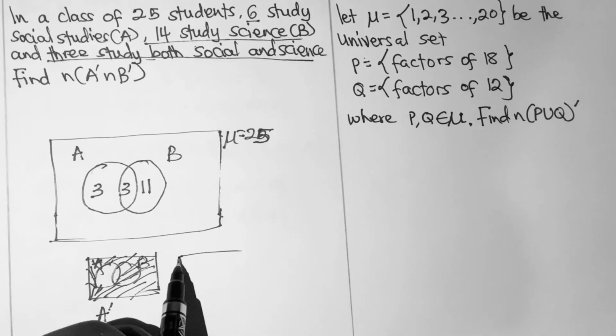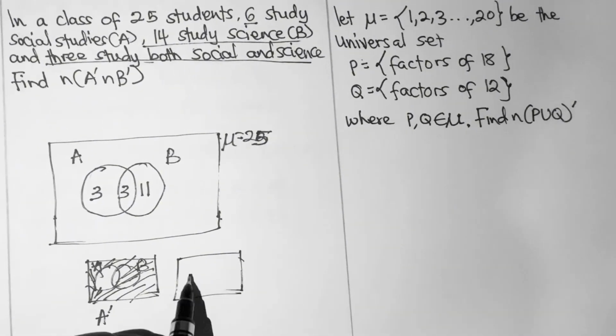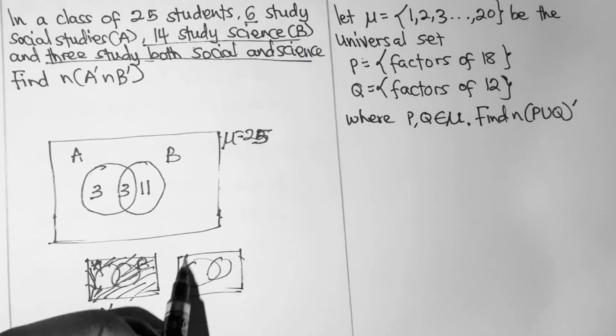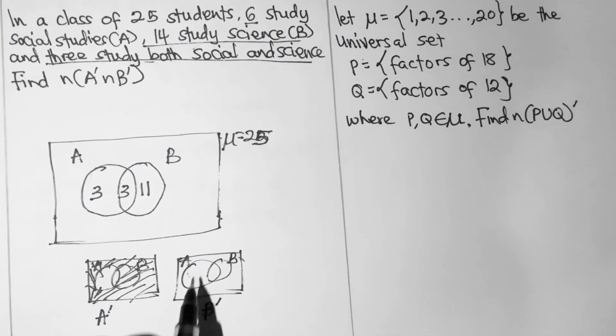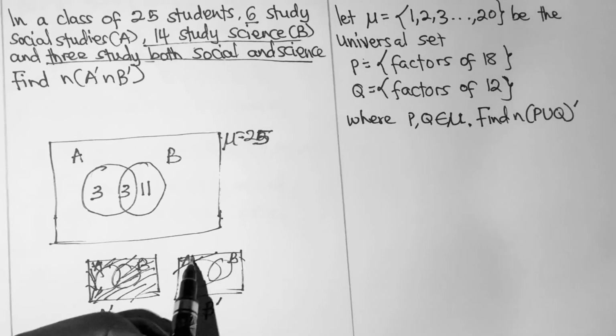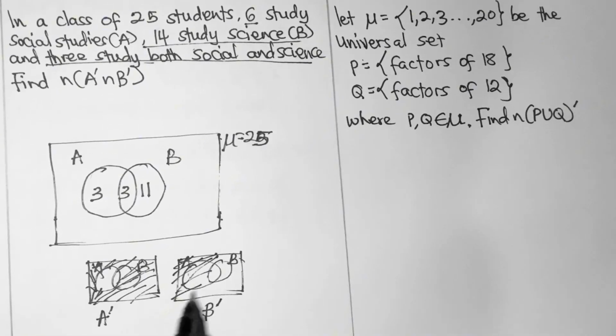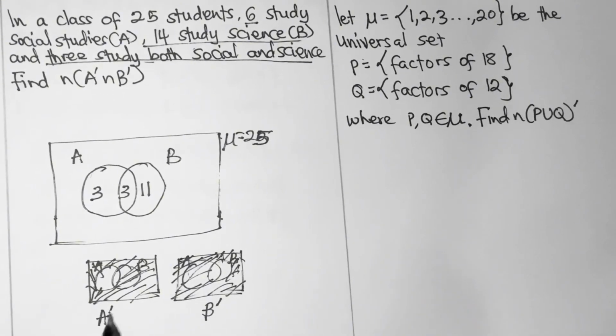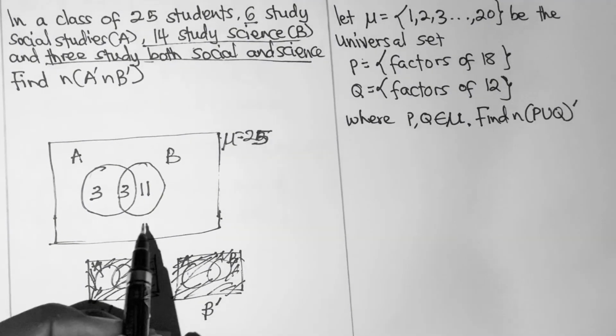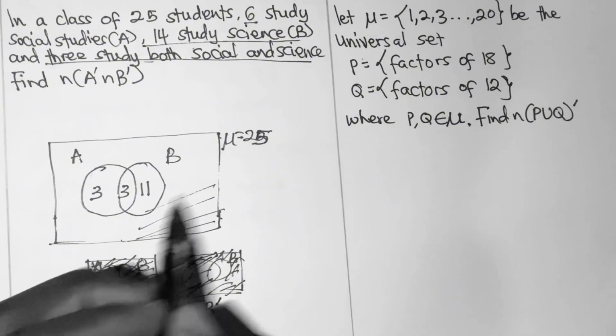Now let's find B prime. So this is A and then this is B. B prime is also all the elements that are outside set B. So B itself must not be included. So you can see that A prime intersection B prime is the outside region.